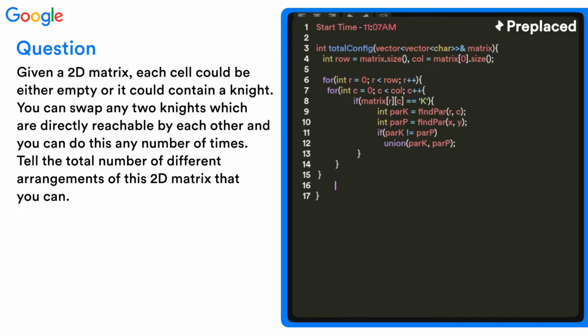So for group 0, I'll have a count of 4. So I'll find the entire count using a map data structure. And after that, for every key in the map, I can just find its factorial and multiply it with the answer.